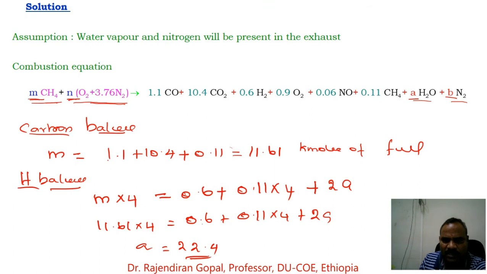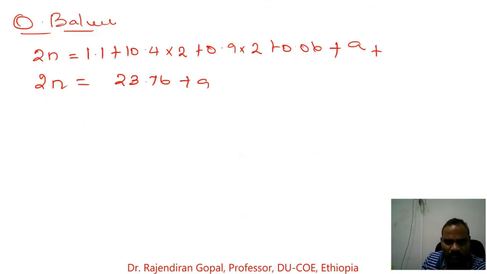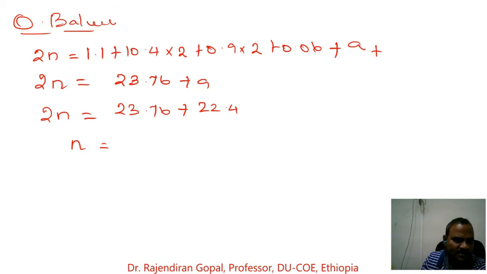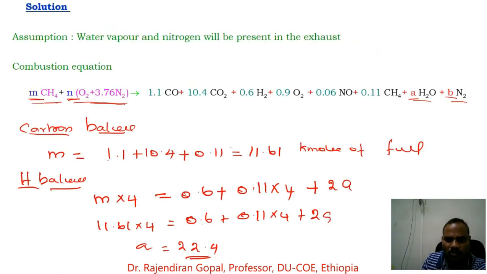Already we found that A is equal to 22.4, so 2N is equal to 23.76 plus 22.4, then N is equal to 23.08. Now the amount of air.